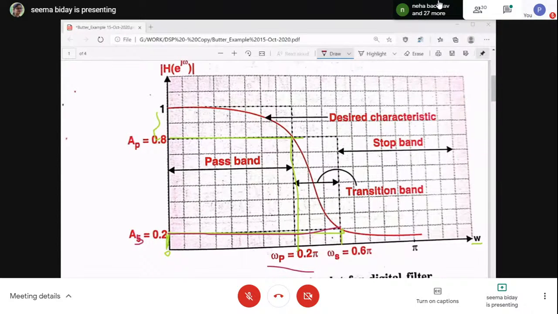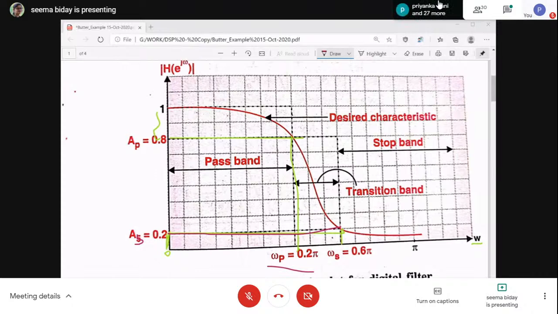This is the last but one lecture. Tell me. Unless all the concepts are clear, we will not proceed. Otherwise, you won't be able to solve these MCQs. If descriptive, it is okay. This is Neha, everyone. Yes, WP is passband edge frequency.